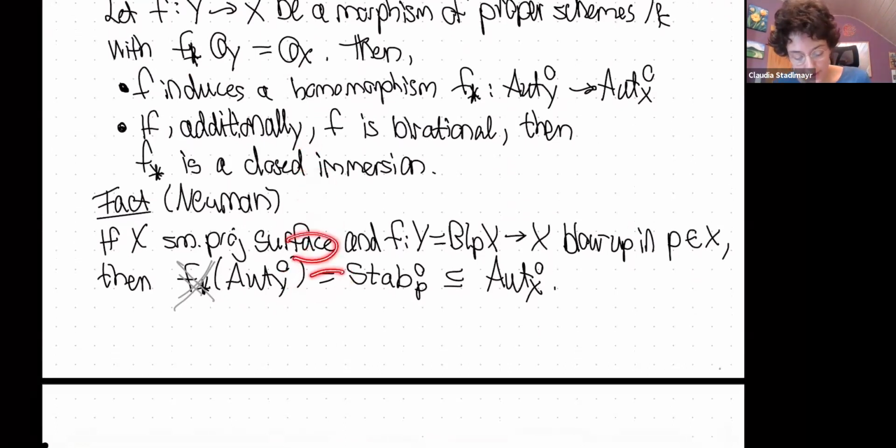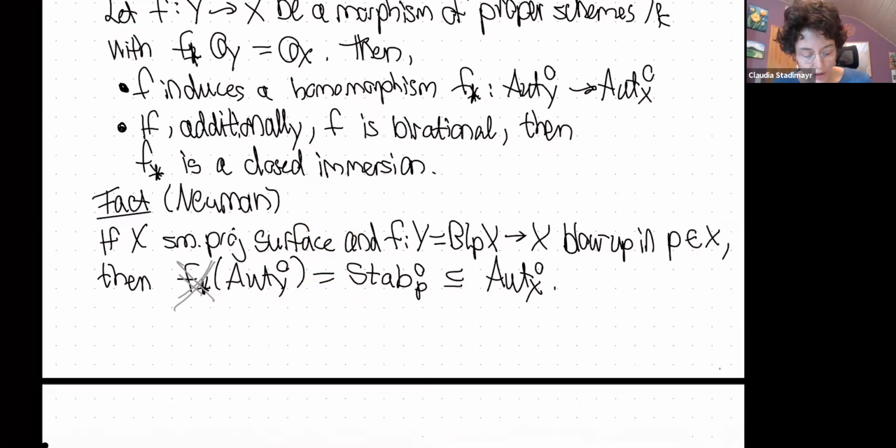For this inclusion, one can show that the action of the stabilizer subscheme of our blown up point on the surface lifts to the blow-up at this point by exploiting several times that blow-up commutes with flat base change. That's quite an easy proof to write down, but I won't do it here in the talk. The other inclusion is a little bit more difficult.